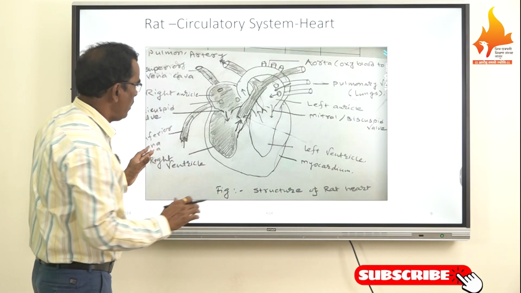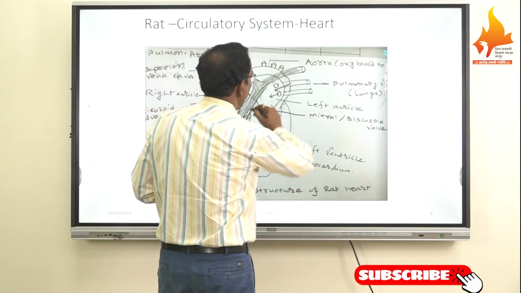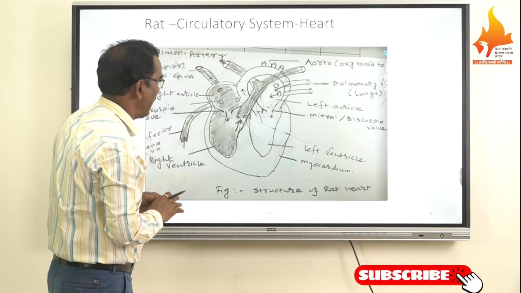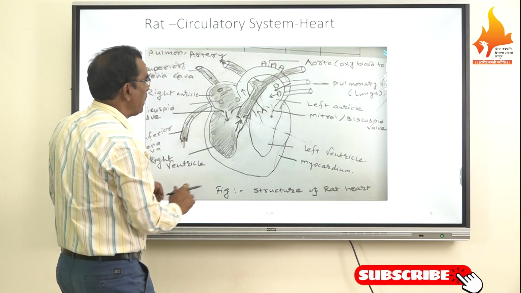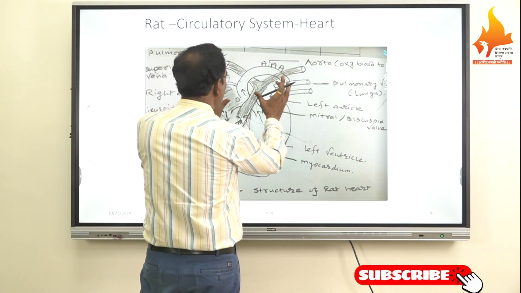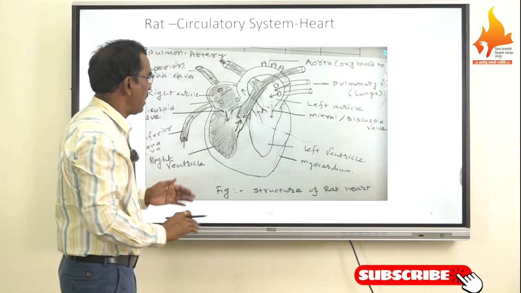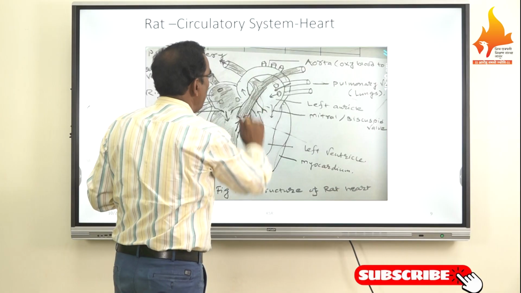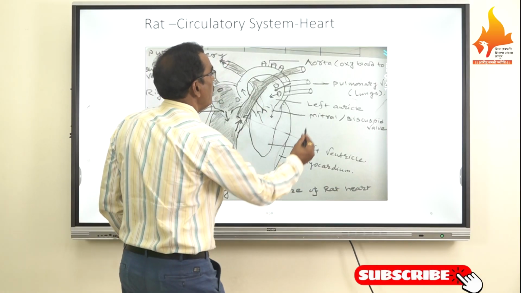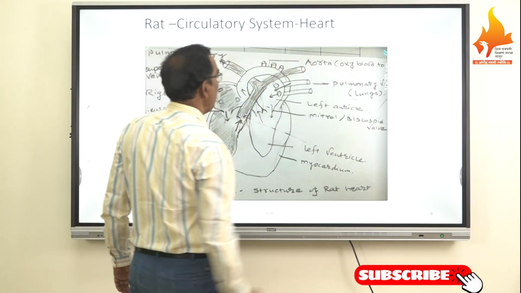This blood rushes to the lungs, where it gets purified. After purification of the blood, when the auricles and ventricles contract, that pure blood comes from the lungs into the left auricle with the help of the pulmonary veins.